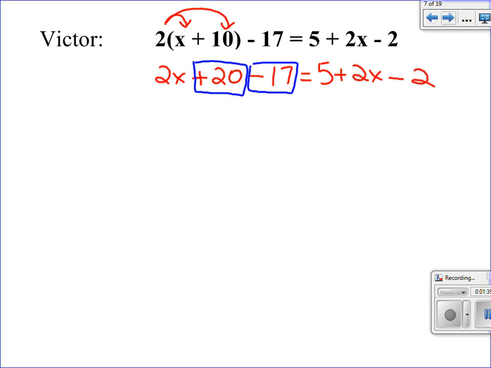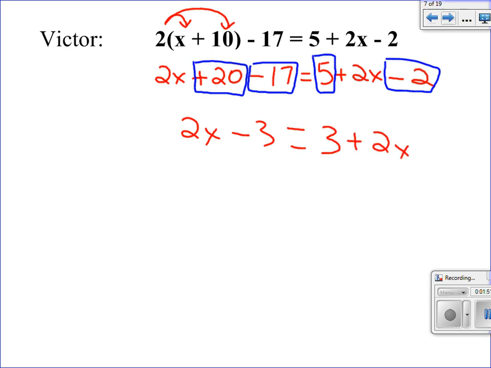Those are like terms. On the right-hand side, we have a 5 and a minus 2. So on the left, we drop down the 2x. Then 20 minus 17 is 3. 2x plus 3 equals 5 minus 2 is 3. And then drop down the plus 2x.